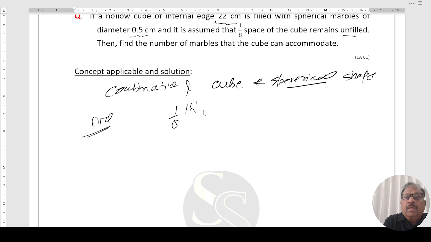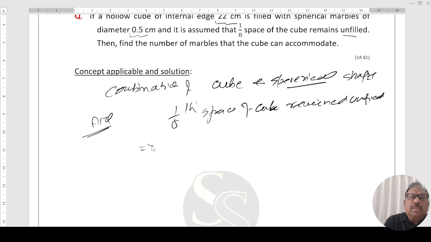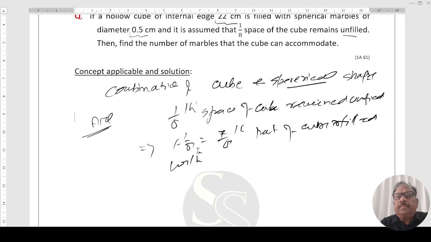Now, according to the question, 1/8 space of cube remains unfilled. Means 1 minus 1/8, that is 7/8 part of the cube is filled up with spherical marbles.